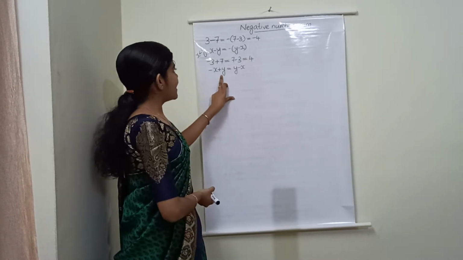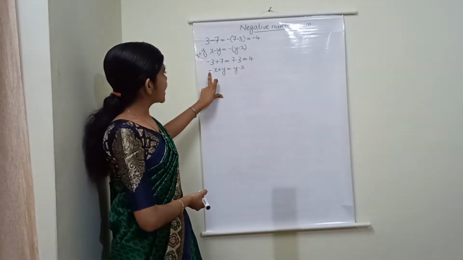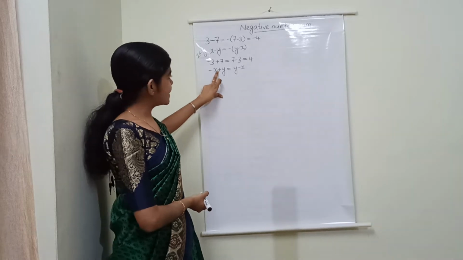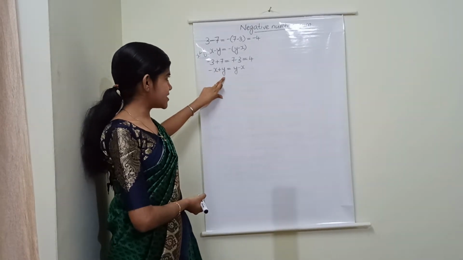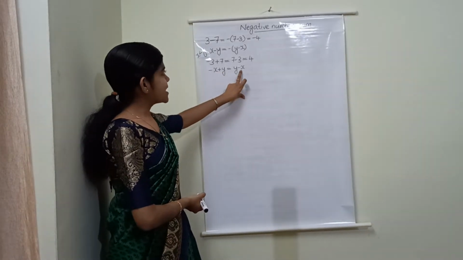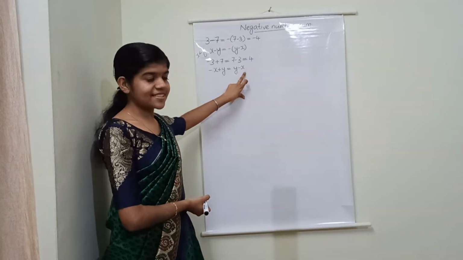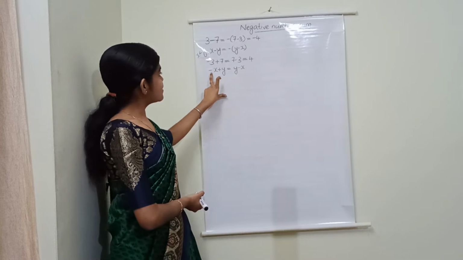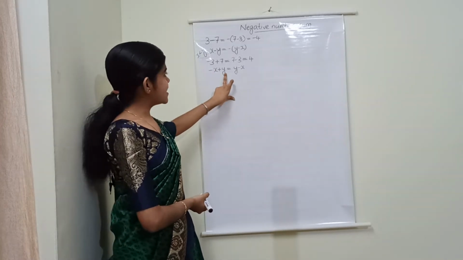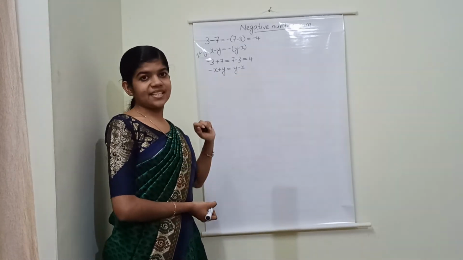That is, adding the second to the negative of the first is equal to subtracting the first from the second.